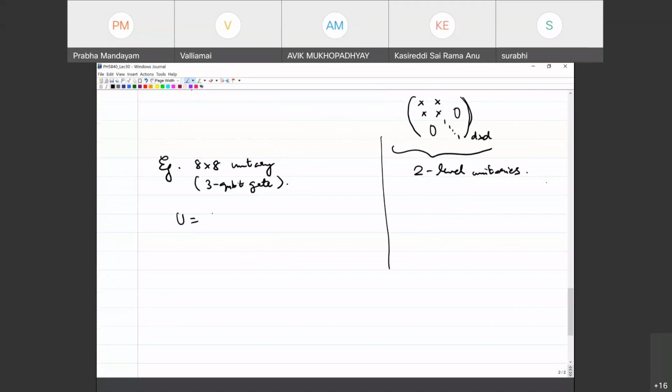So it will be A, 0, 0, 0, etc. So how many zeros do I need? I put B here. Okay. So this is a unitary on an 8-dimensional space, which is a 3-qubit space. A 3-qubit space is 2 to the 3, right? So it's an 8-dimensional space.